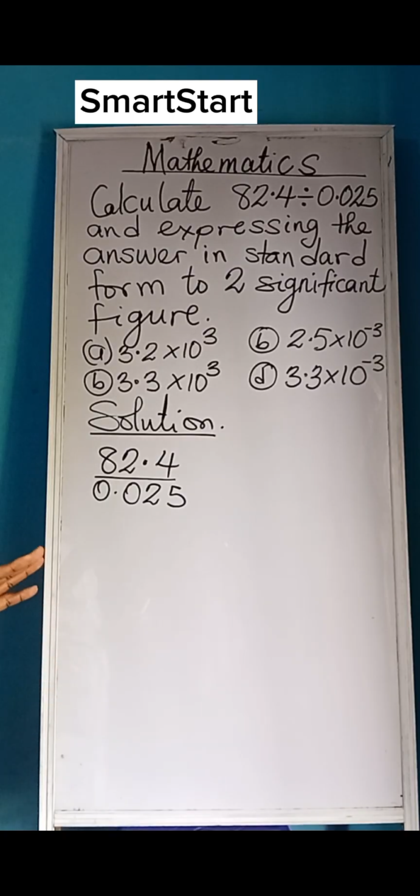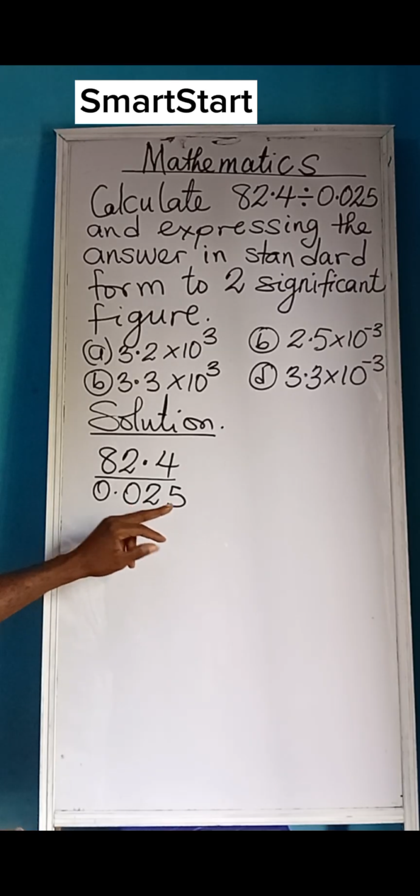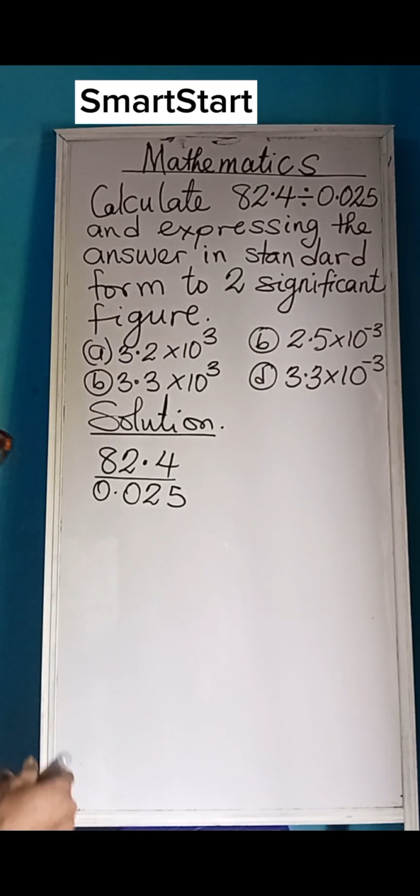The best method is to convert the denominator into a whole number to make it 25. And when you look at the denominator, which is 0.025, we have three decimal places there. 1, 2, 3 decimal places. Therefore, you are multiplying it by 1,000 because 1,000 has 3 zeros.